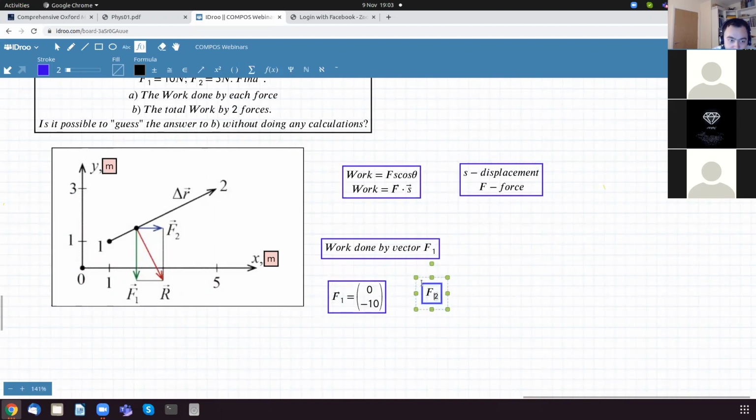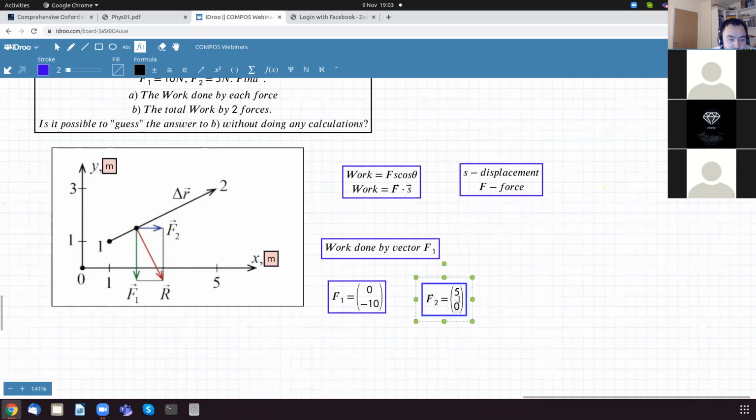F2 as a vector is (5, 0), because it's just the y component of A.